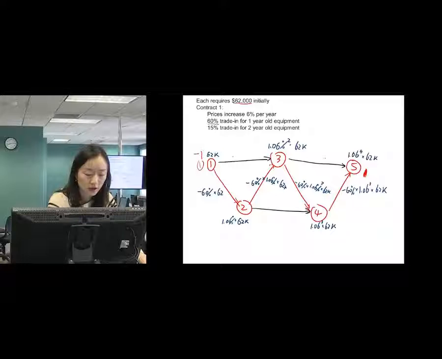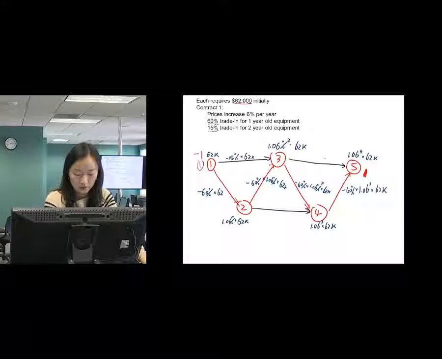But here we'll have a trading value. And remember now this is a 2 year trading, so we only get 15% back. Okay, so here 15% times whatever amount we paid for it. Okay, so it should be this 62K here.